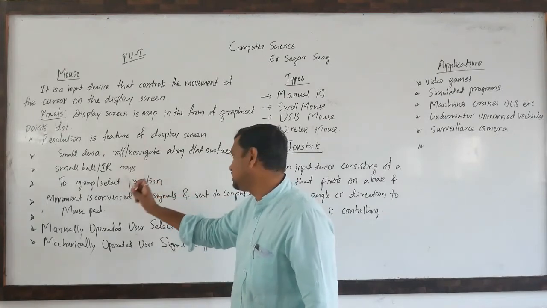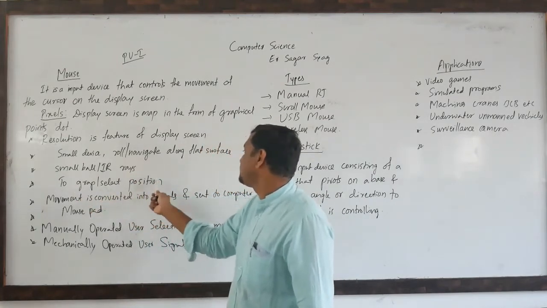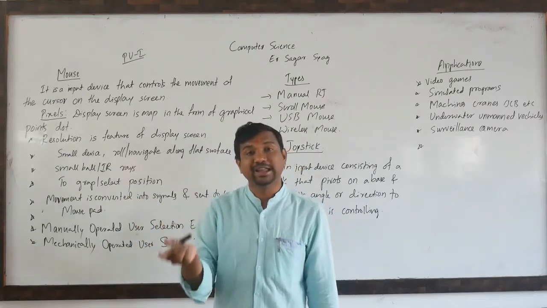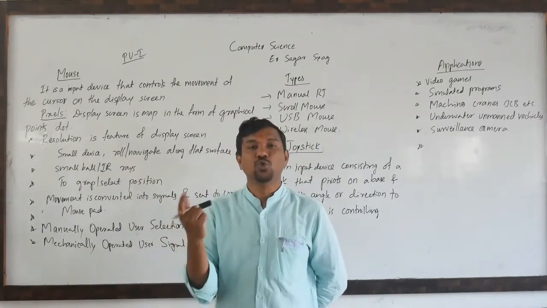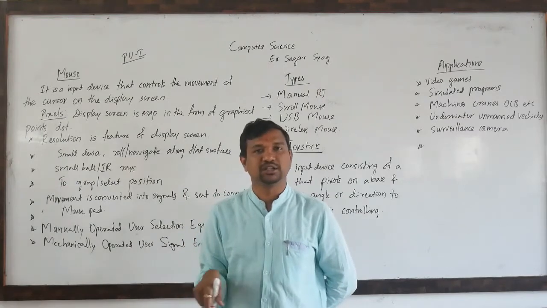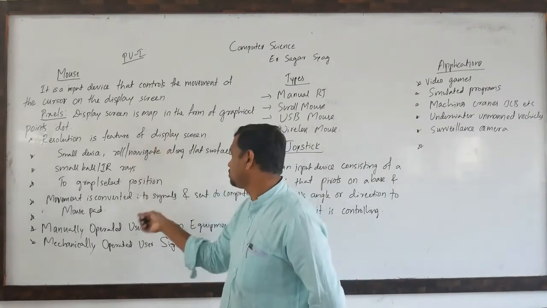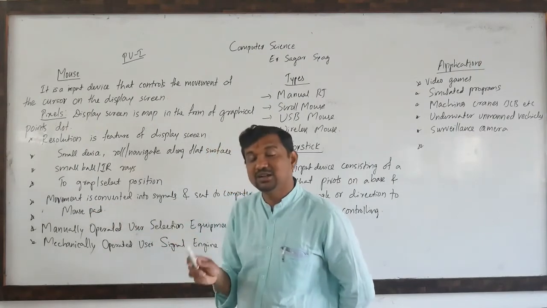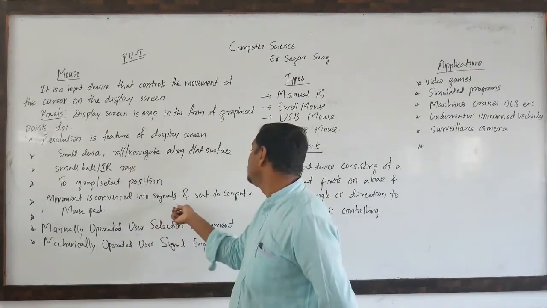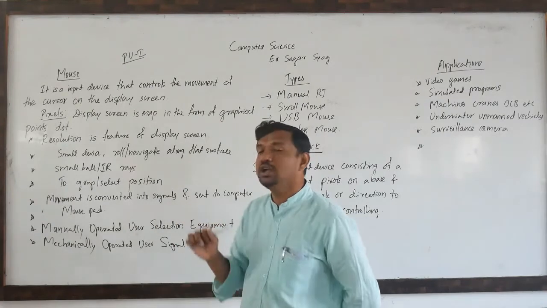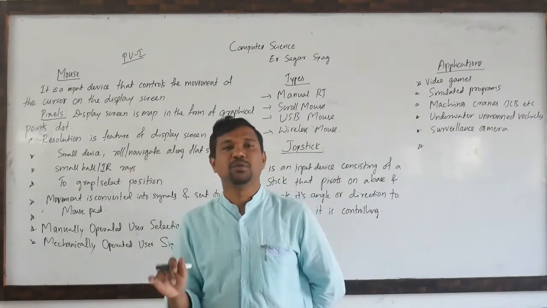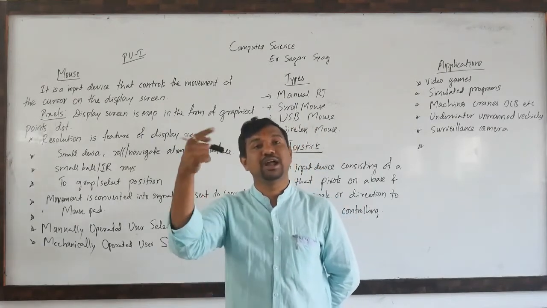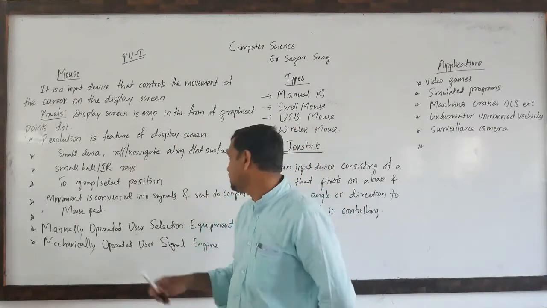We use the mouse to select a position, to select an icon, to open an application, to close an application. The movement of the cursor will be converted into signals and sent into the computer, where it handles the movement of the cursor.